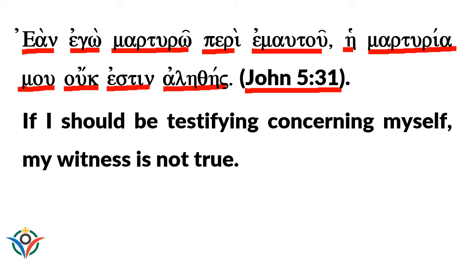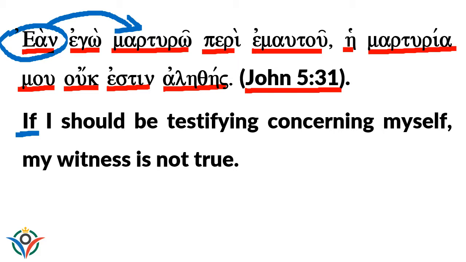So let's make some observations here regarding the Greek. So we see that it starts off with ean. The ean is a particle that also introduces a third class conditional clause. So that's why we translate it as if. And that also tells us that a subjunctive verb is coming.